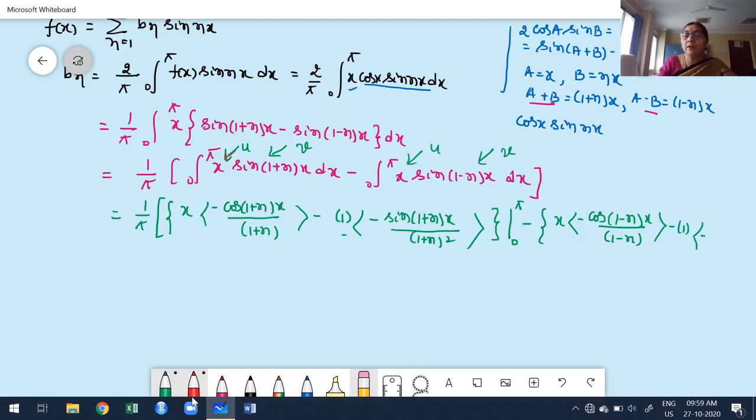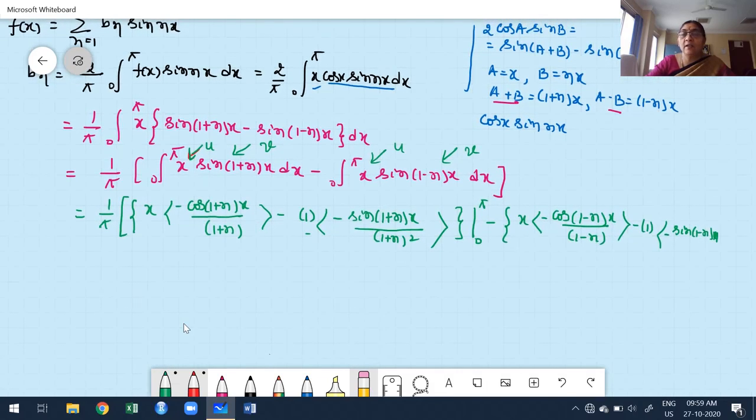Again while doing integration, keep minus 1 by (1 minus n) as constant, sine of (1 minus n) into x divided by again the coefficient of x, which is 1 minus n. So we get (1 minus n) into (1 minus n), which is (1 minus n) whole square. Now what is my limit? 0 to pi. Close the square bracket.